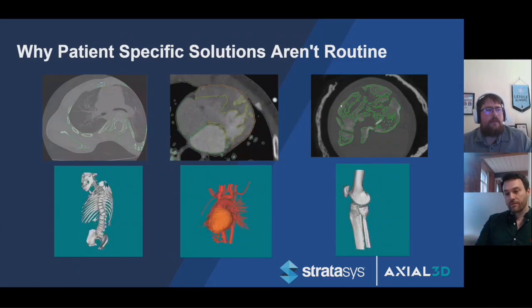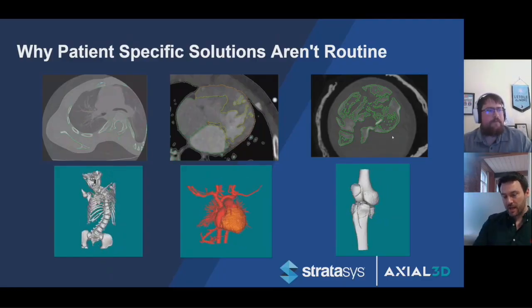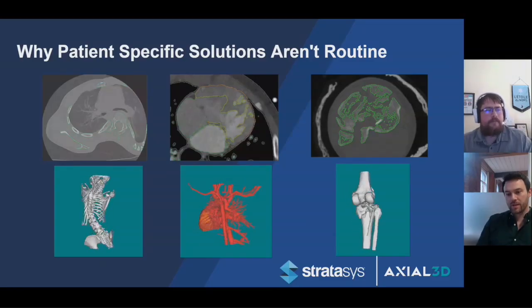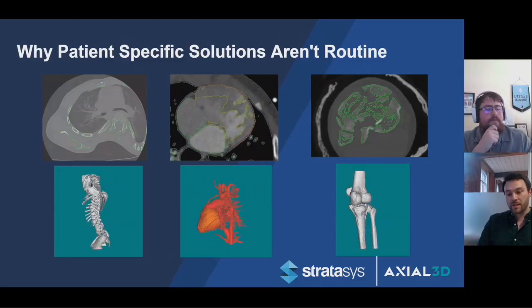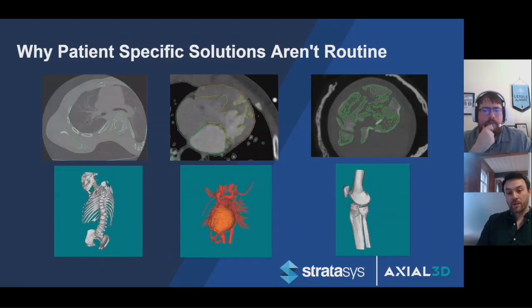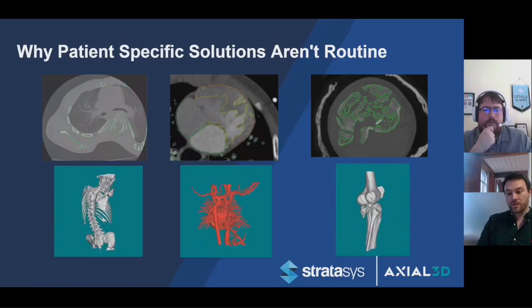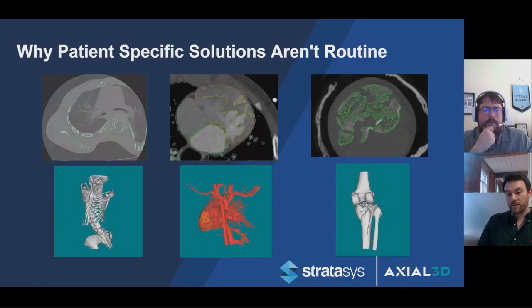And so is that kind of what we're seeing up here? Exactly, yes. You can see in the middle example of the cardiology case, the outside of the myocardium is outlined in orange, and the inside is outlined in green. What that allows you to do is extract that patient-specific 3D file out of that two-dimensional stack.